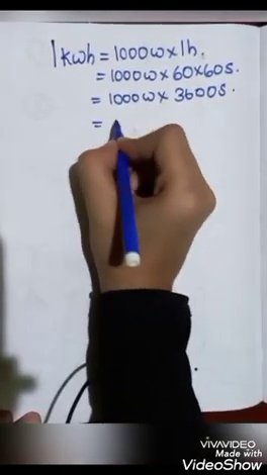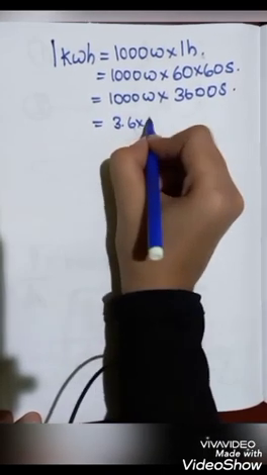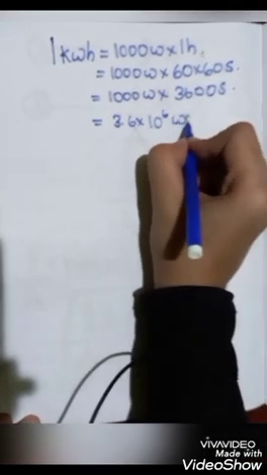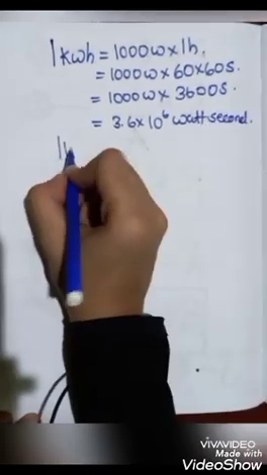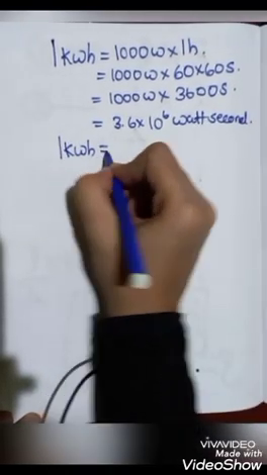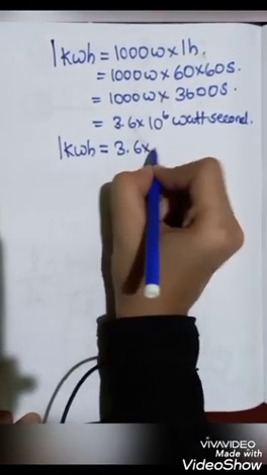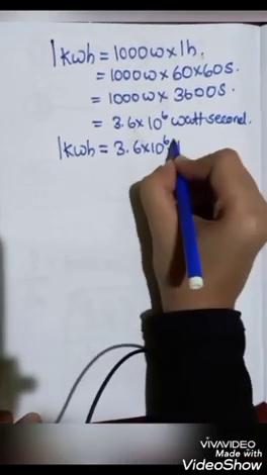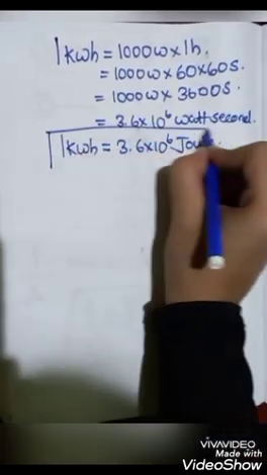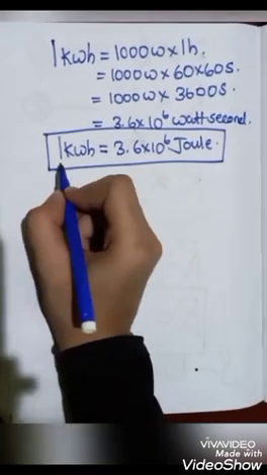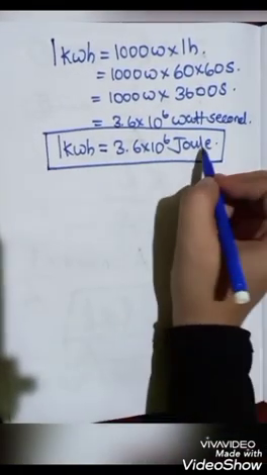It can be written as 3.6 into 10 raised to 6 watt second. We can write 1 kilowatt hour is equal to 3.6 into 10 raised to 6 joule. Very important. Sometimes you have to convert kilowatt hour into joule.